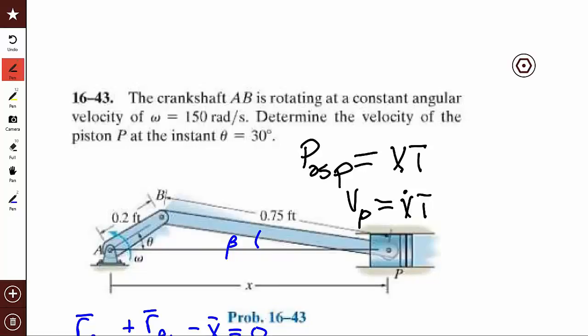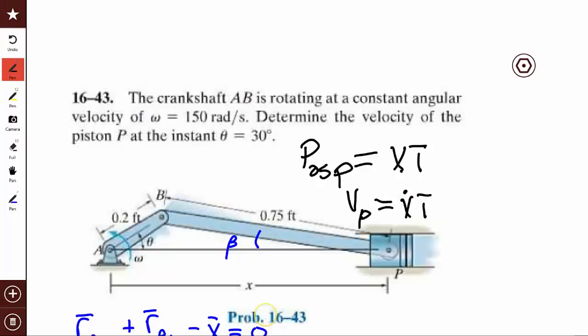Let me give you just a hint to get you all started, and then you'll see if this helps you. I'm going to go from A to B. You start anywhere, but A to B looks like a nice place to start. If you're going to walk from A to B, how far is that? 0.2 cosine theta.